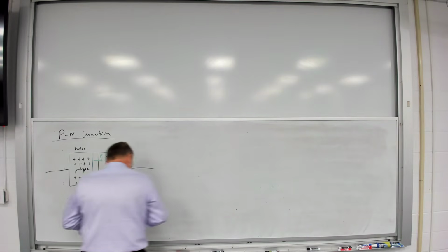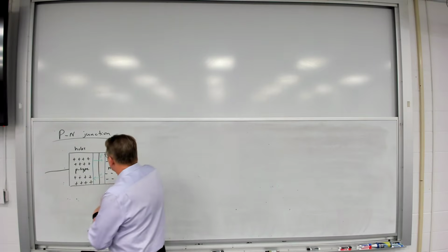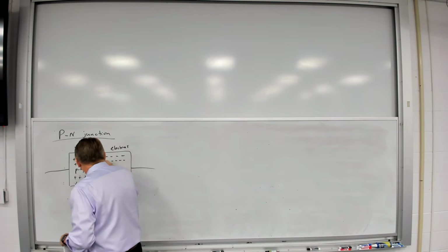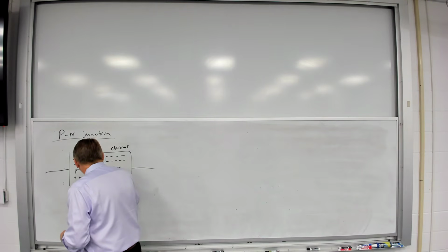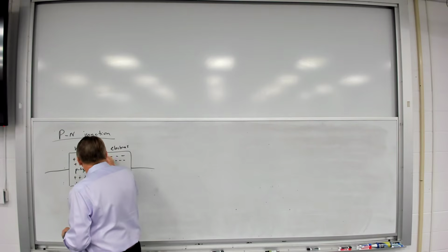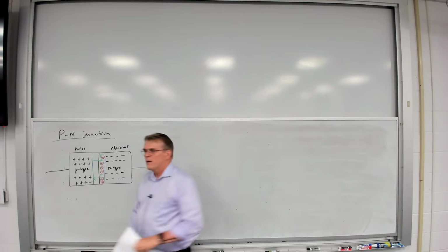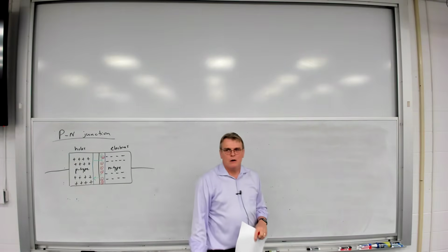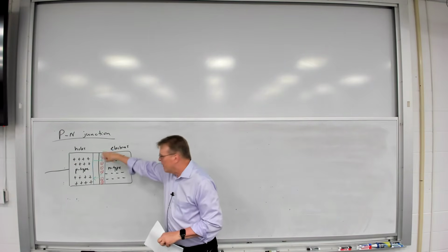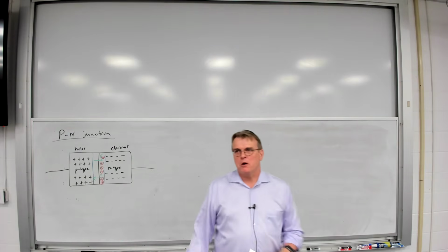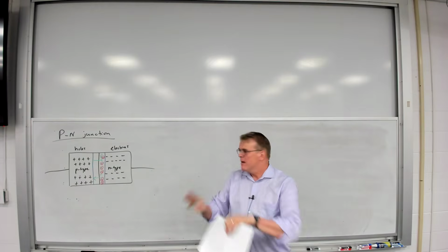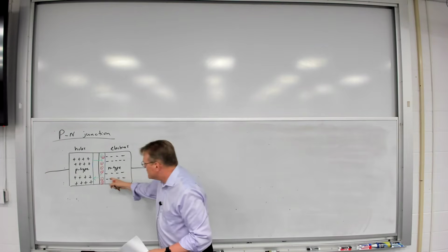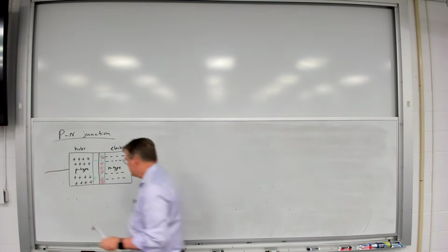So one interesting thing happens is this. The holes drift across, they combine with the electrons in the n-type region, and they're going to create a region of positive charge. But in doing so, when the holes come across and combine with those free electrons, they deplete this area of any free carriers. So the holes capture the free electrons, and I wind up with positive charge accumulating, but no free carriers. Same thing happens with the electrons drifting across.